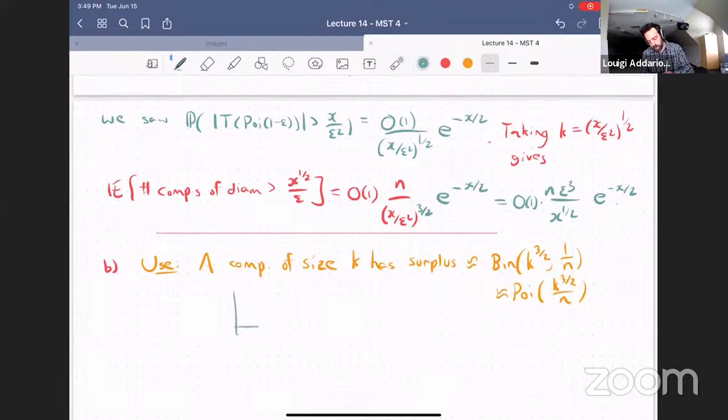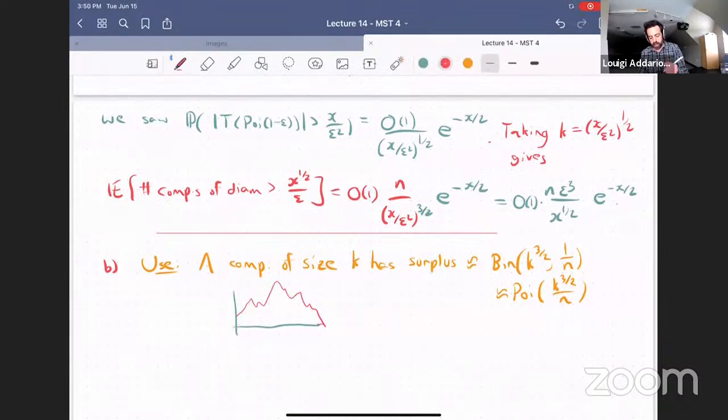The rough idea comes from the exploration process perspective on these components. When you explore a component, you have this queue of active vertices. At any given step, there are some edges that you could add or leave out, which are the surplus edges, which don't change the depth first search tree that you build.